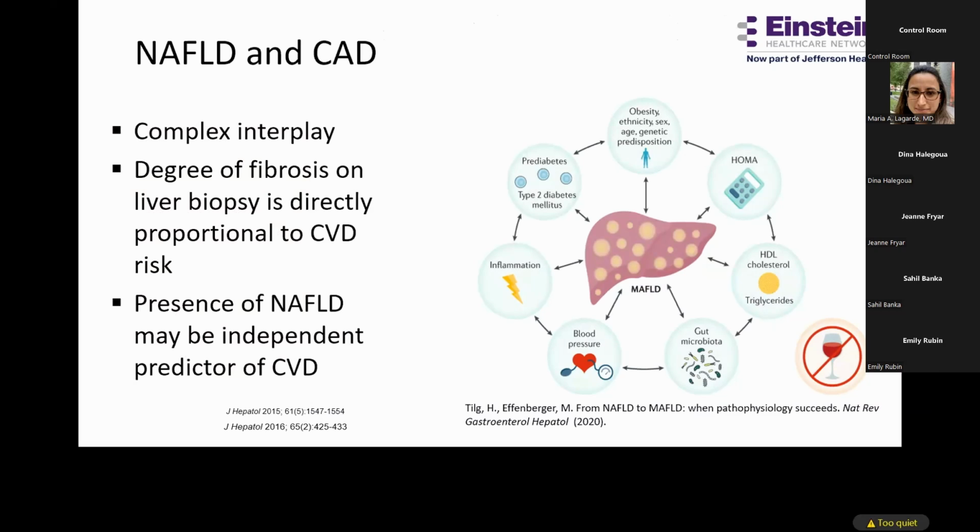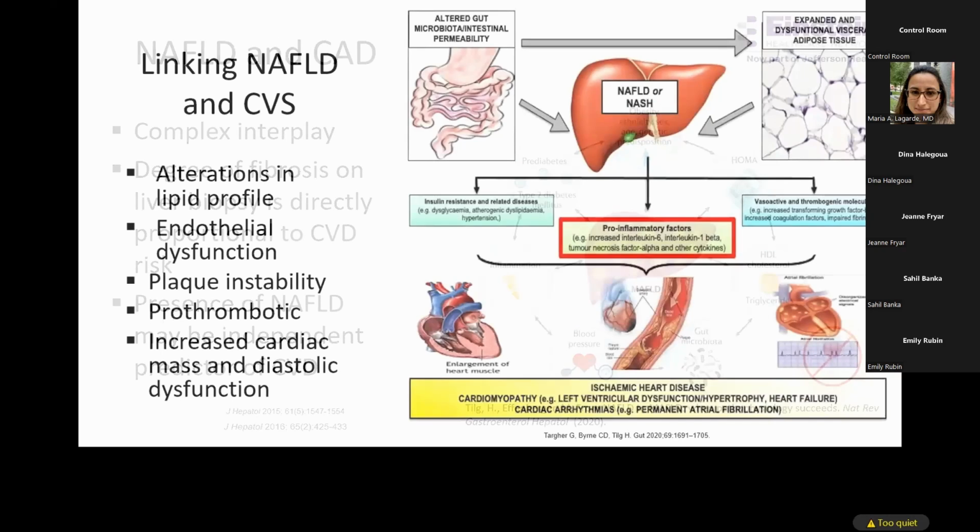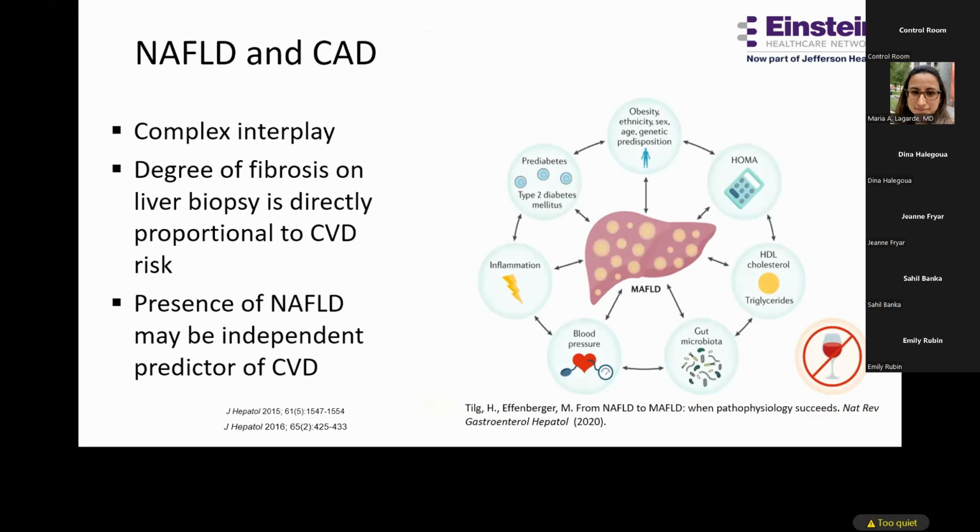But we do know that the more fibrosis that's present on a liver biopsy, this seems to be related to a higher risk of cardiovascular disease. And in fact, it is thought that fatty liver disease might be an independent predictor of cardiovascular disease. It's not well proven yet, but it's believed to be the case.